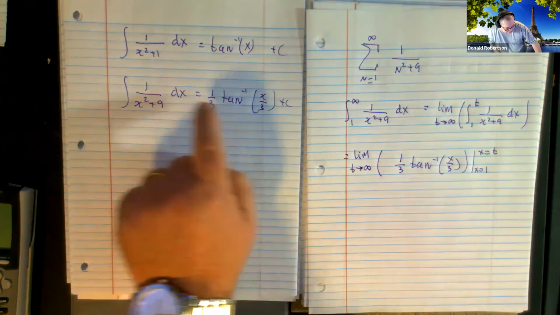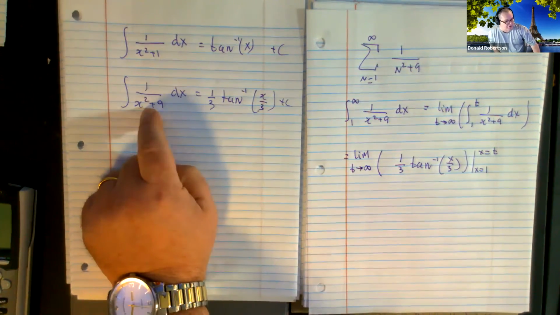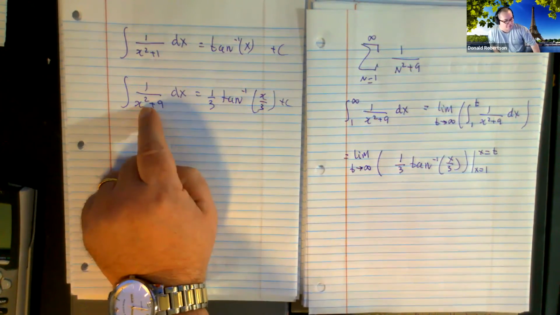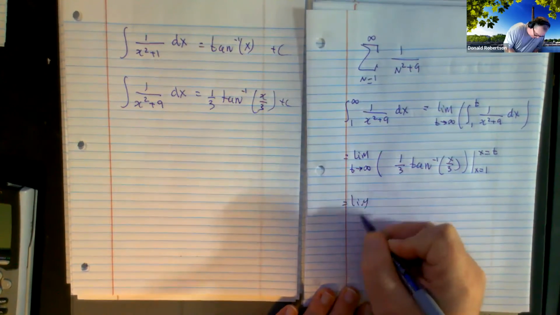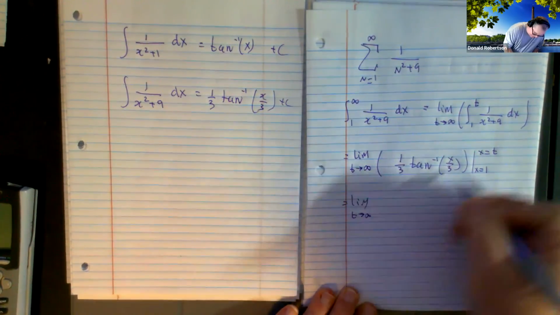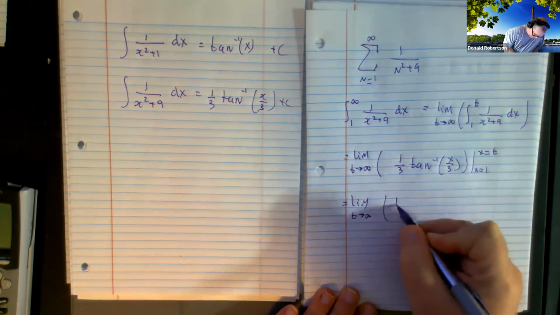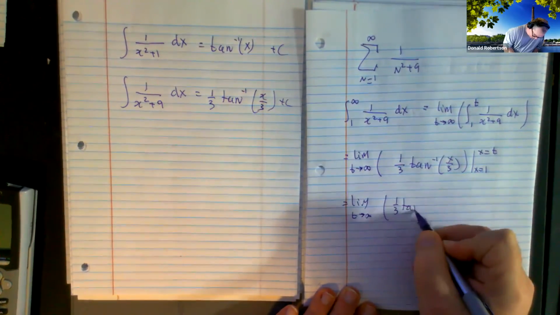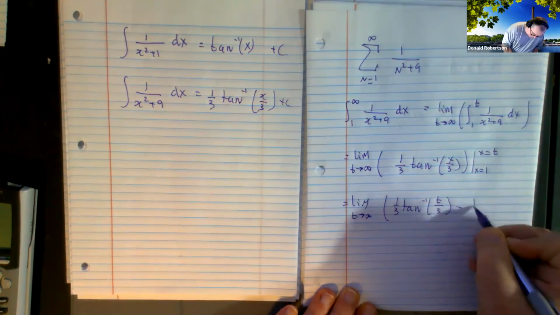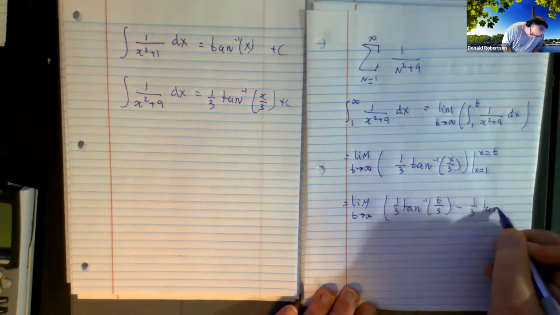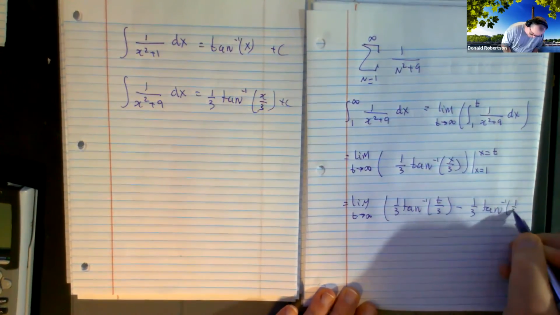But that means you've got to memorize these kind of things or have them written down somewhere where you could get to them easily. Now I'm ready to put in the boundaries. So it's going to be 1/3 the inverse tan of t over 3, take away 1/3 the inverse tan of 1/3.